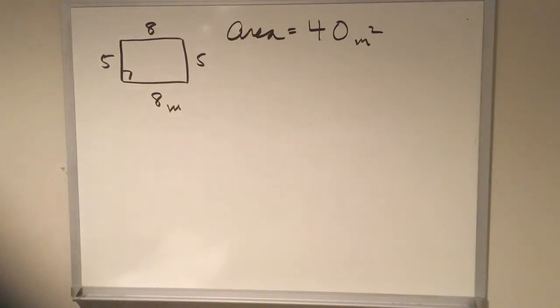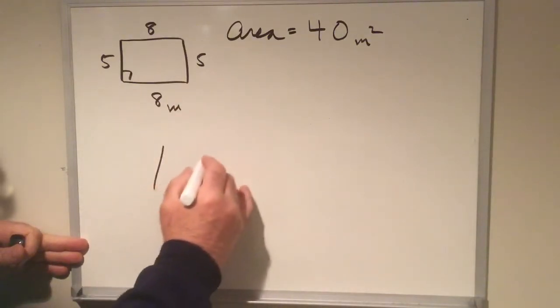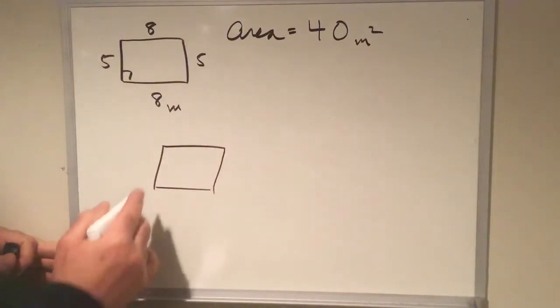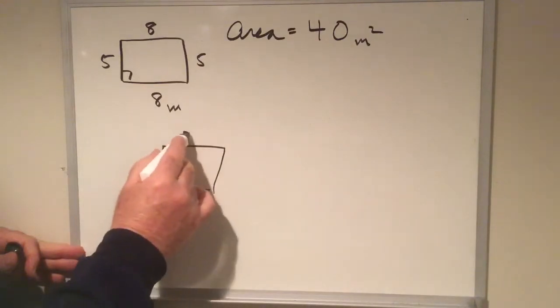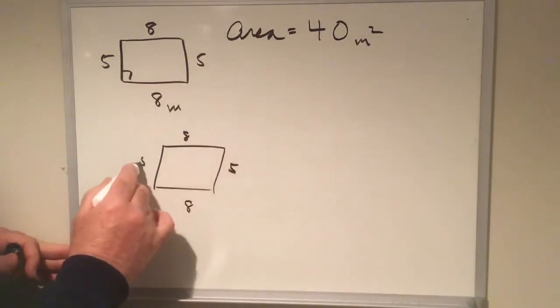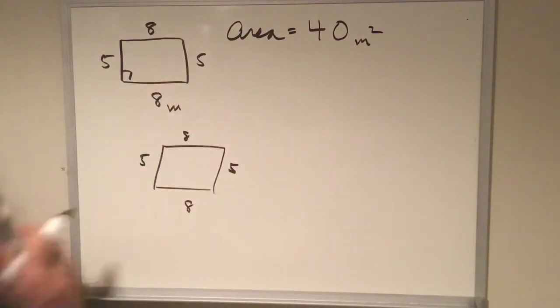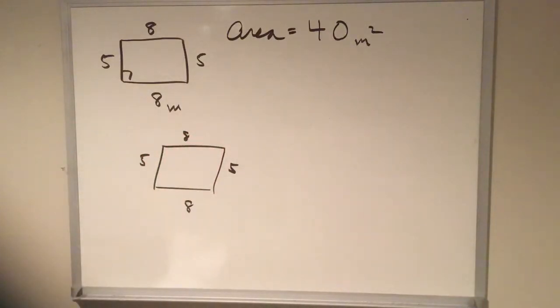Now, a rectangle is a type of parallelogram, so base times height. So if I were to, let's say, do something like that, and say this is a parallelogram, and that's an 8, an 8, and a 5, and a 5. Essentially taking this rectangle and kind of pushing it over, right? Kind of pushing the top and forcing it to tilt a little to the right. And I guess you could say start to collapse.